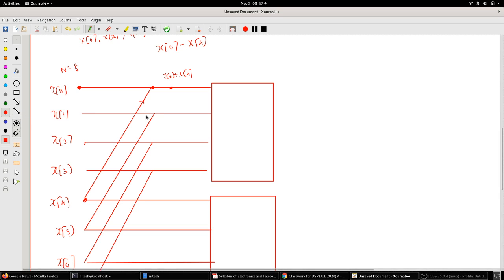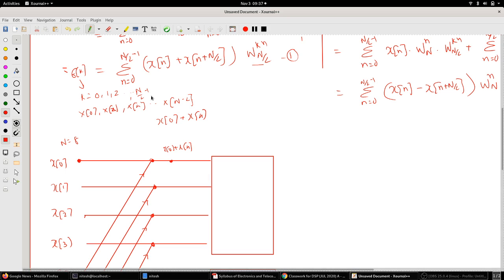So you will be getting x of n plus N by 2. Let me create another g of n, which is x of n plus x of n plus N by 2. This is a new sequence, okay. g of n is made up of N by 2 points.